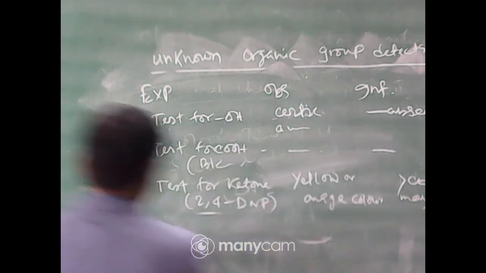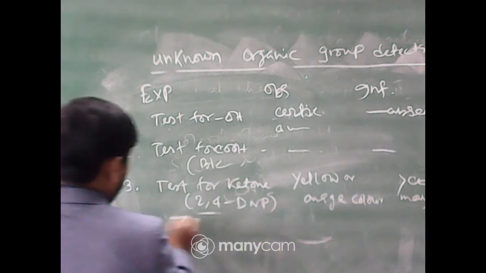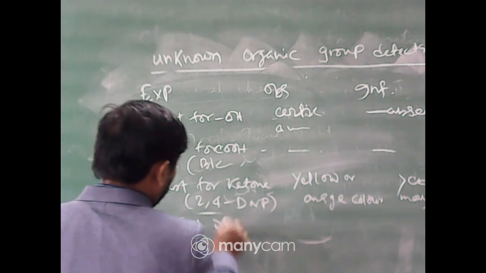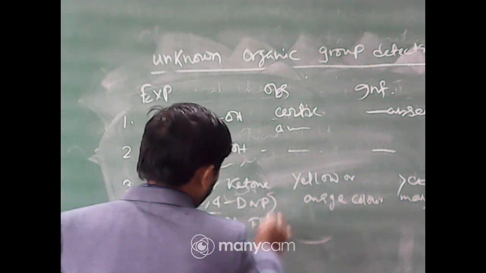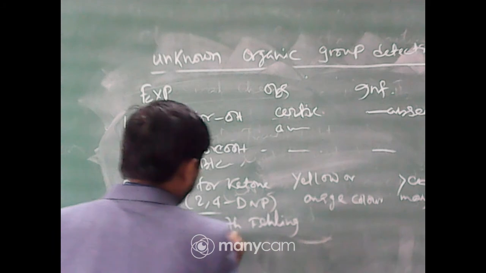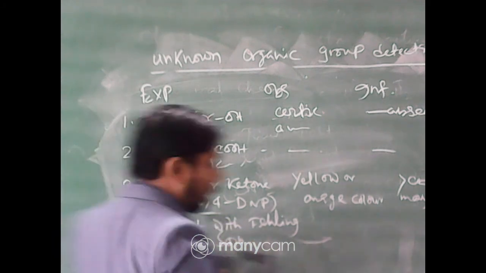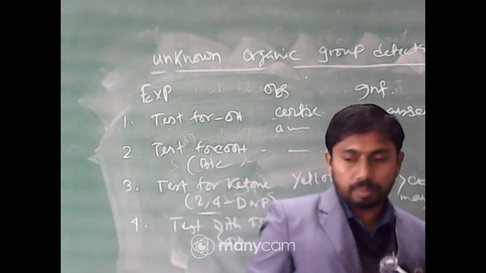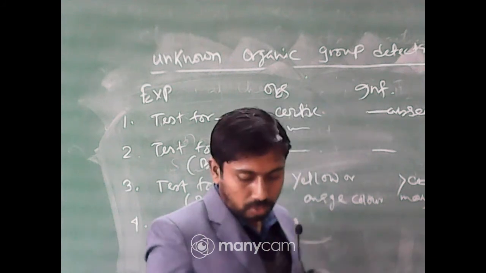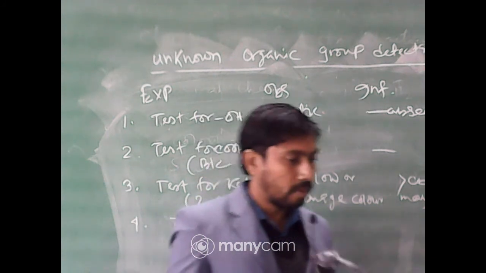And after that, number 4, test with Fehling solution. Now, can you get any positive test here? What will be the test here?